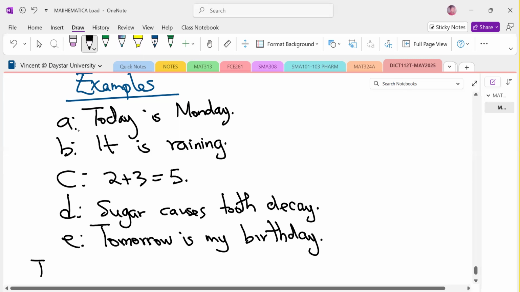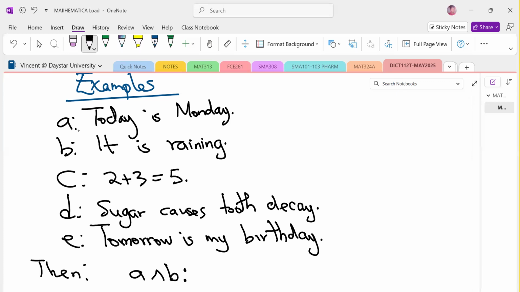Then the conjunction of A and B. From the definition, who can tell us the meaning of this statement? Conjunction of A and B will be the statement. Correct. And we agree that we don't complicate the obvious.